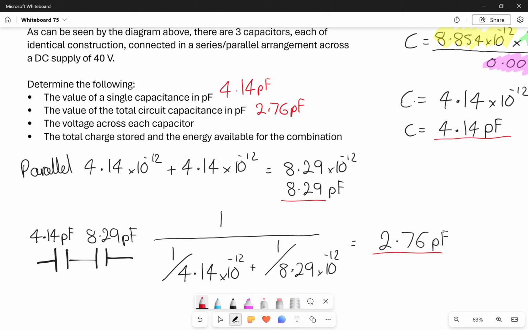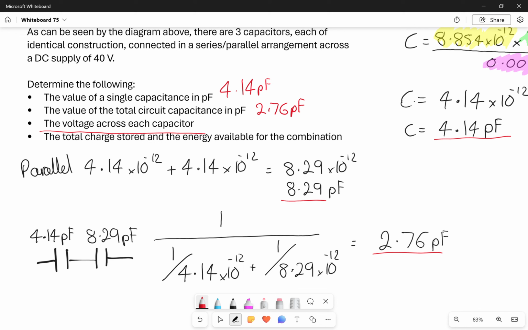It's not unusual for the total to be less than a single value, and that's due to the fact that it's got series elements which, when you do the 1 over method, will always give you a smaller value. Now the next question prompts us to work out the voltage across each capacitor.